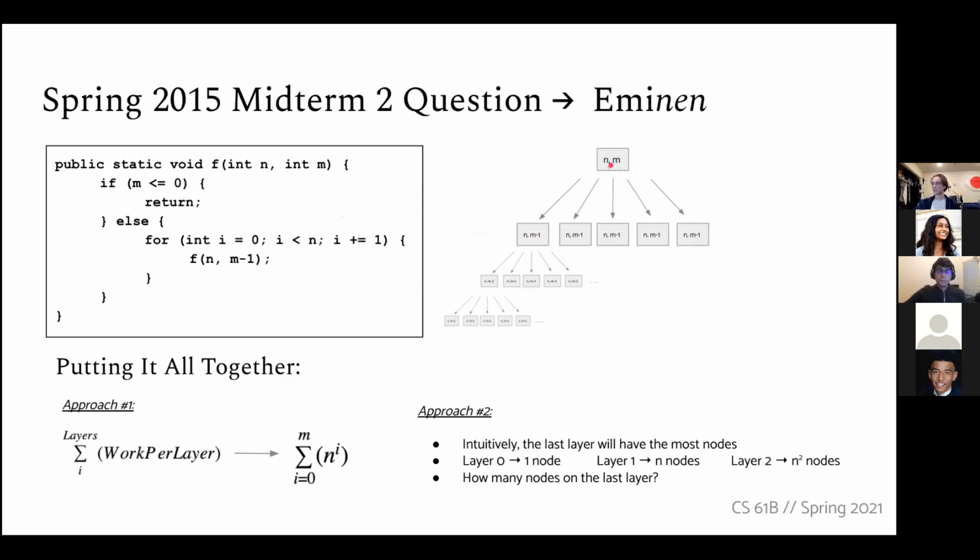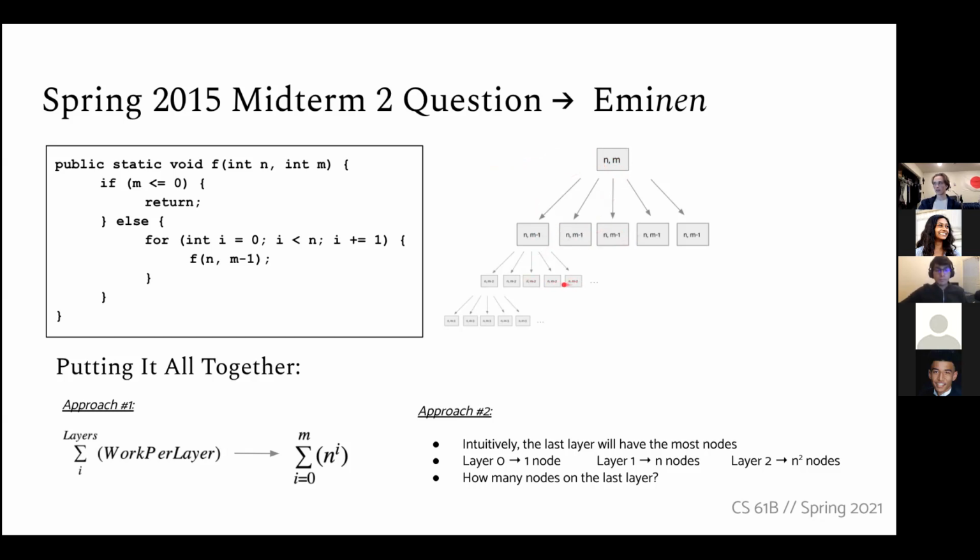But essentially, the total amount of work being done was increasing as we were going down the tree. So unlike the problem that I just walked through where the total amount of work was constant per layer, the total amount of work here is actually increasing by a factor of n. So at this layer, we had n work. At this layer, n squared work.